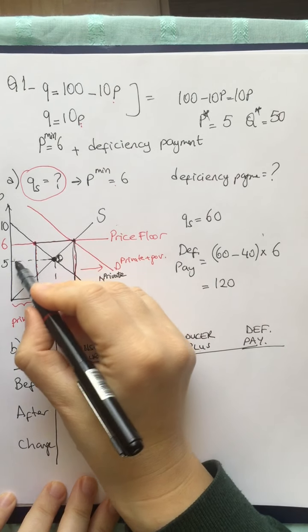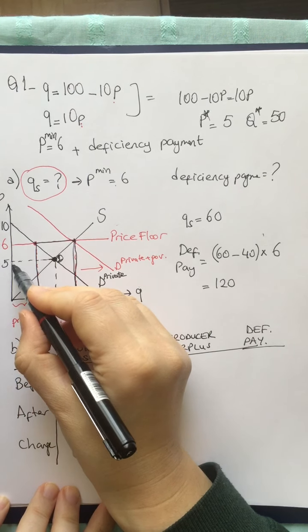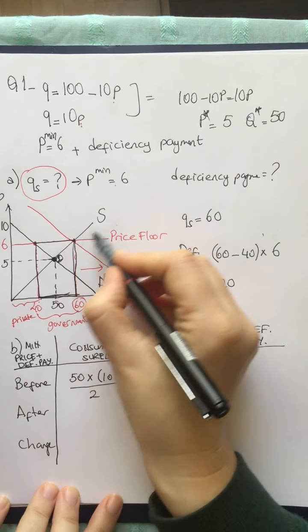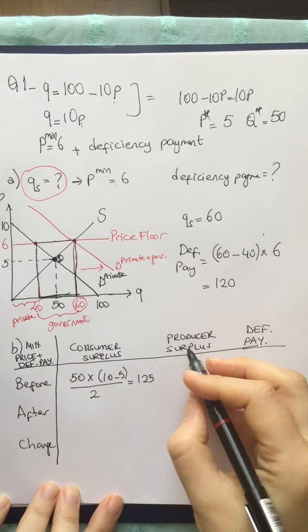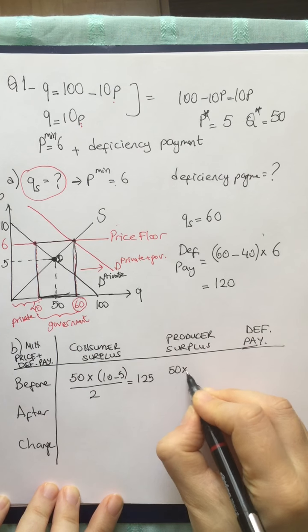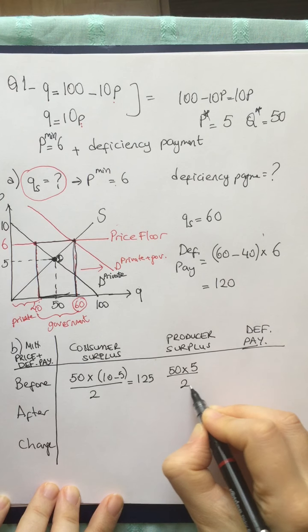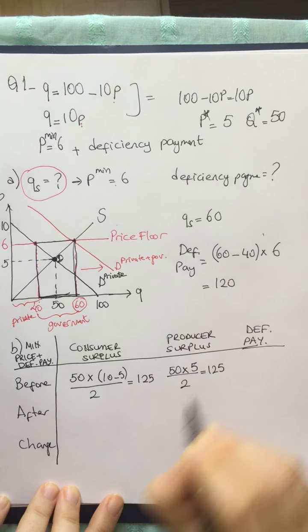And the producer surplus was the area below the equilibrium price, or the area between the market supply and the equilibrium price, which is base, again 50 times height 5 over 2, which is 125.